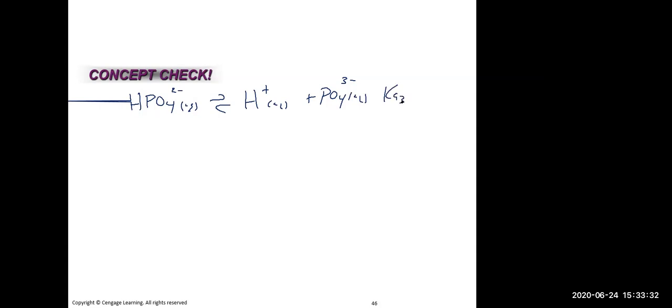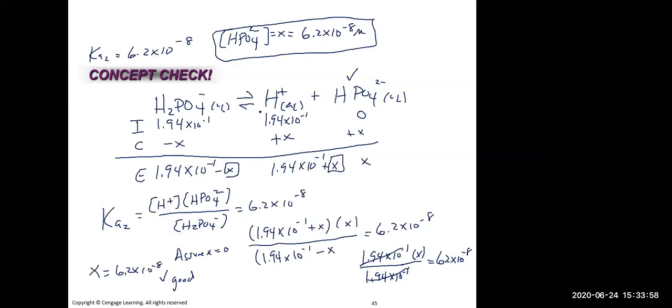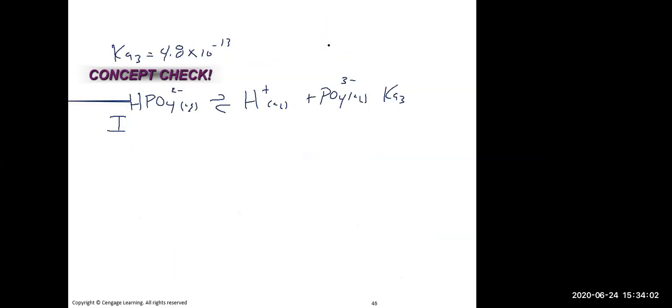And again, our Ka3 value should be 4.8 times 10 to the minus 13. Just like the previous table, our initial concentrations are going to come from our equilibrium concentration. So we can see that our equilibrium concentration of this guy is here, and we're going to put that in as our initial.